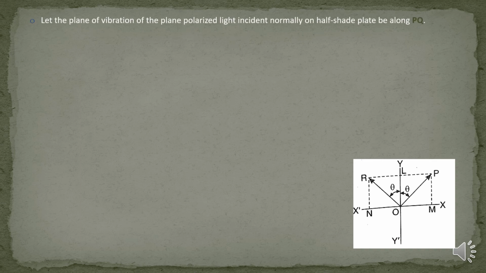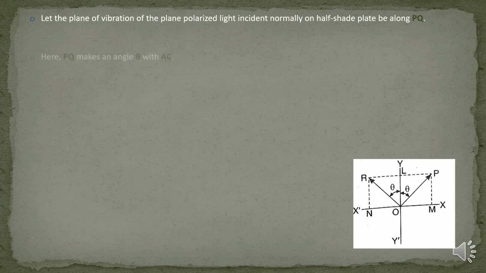Let the plane of vibration of the plane polarized light incident normally on the half-shade plate be along PQ. Here PQ makes an angle theta with AC. The vibration emerges from the glass plate as such, that is, along the plane PQ.